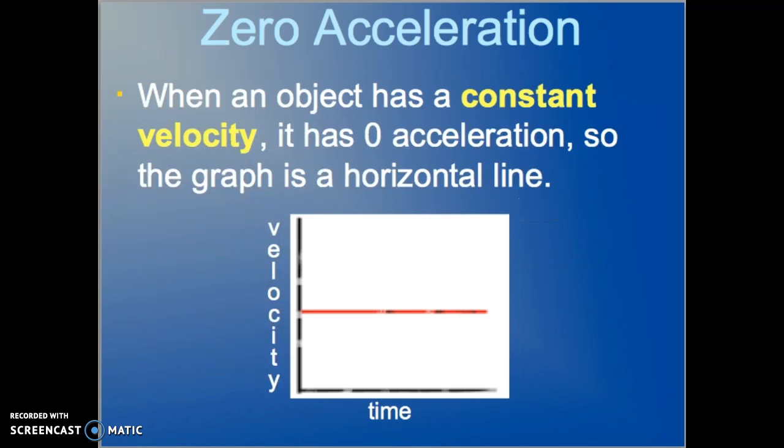And when an object is moving at a constant speed, the acceleration will be zero, and it has a straight horizontal line like this. That doesn't mean that the object isn't moving, it just means that velocity isn't changing.